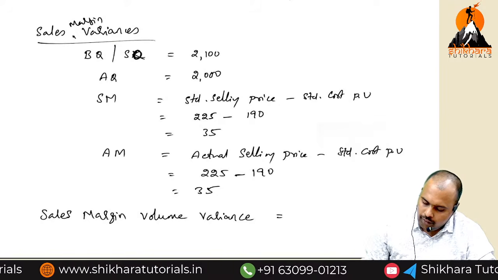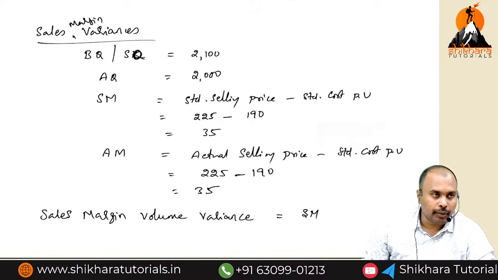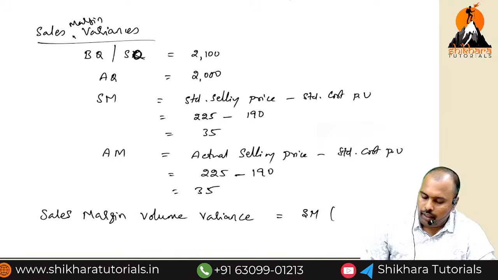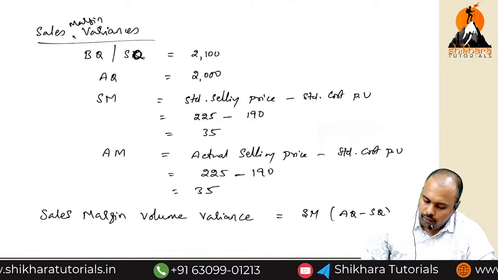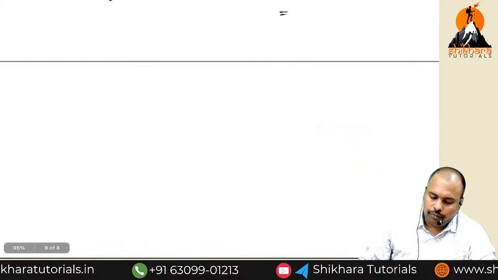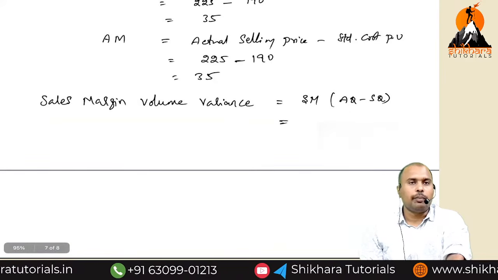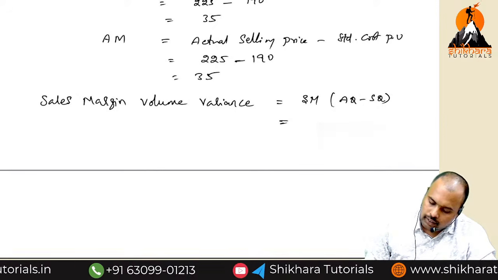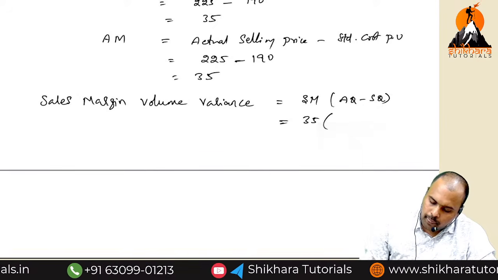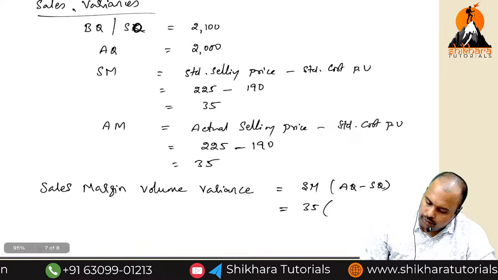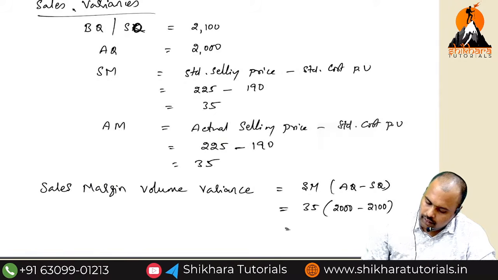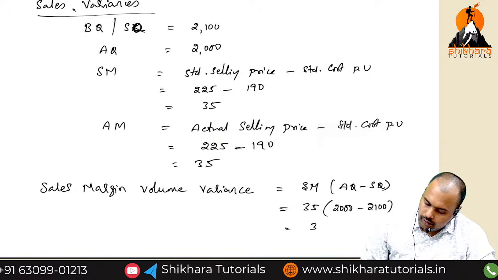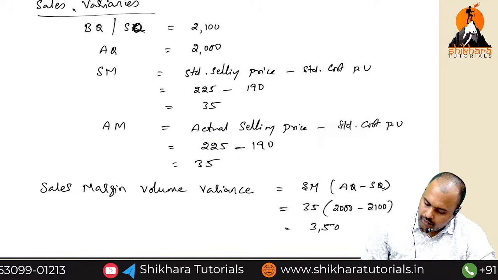When I take volume variance, it is standard margin into actual quantity minus standard quantity. For sales variances, first actuals minus standards we are supposed to take. That is 35 into actual quantity 2,000 minus 2,100, which is 3,500 adverse.